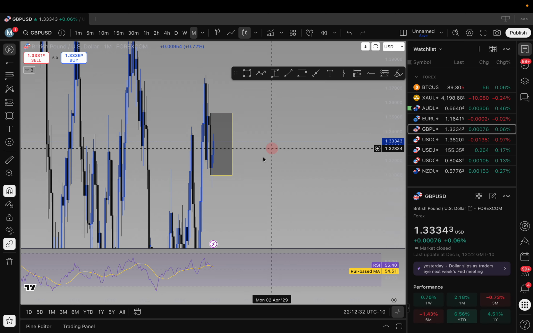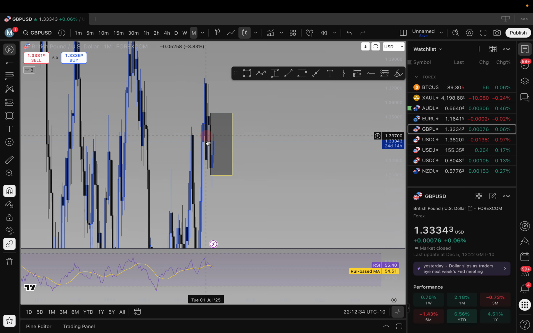Let's see how because it's bearish, see how this is supposed to be the POI, right? Because this month, October, broke this candle, right?